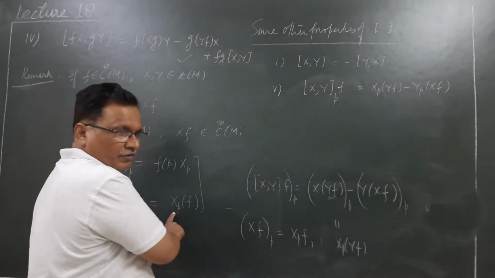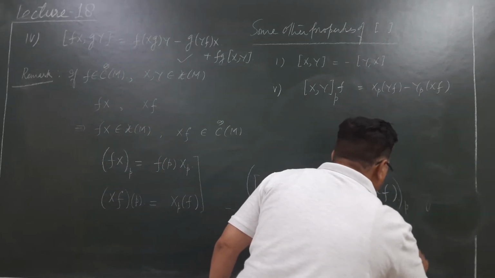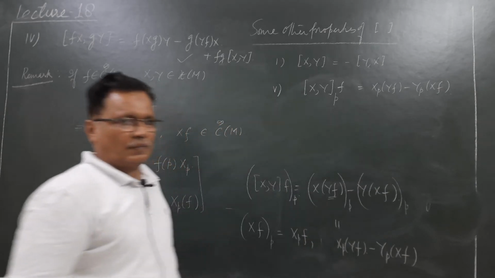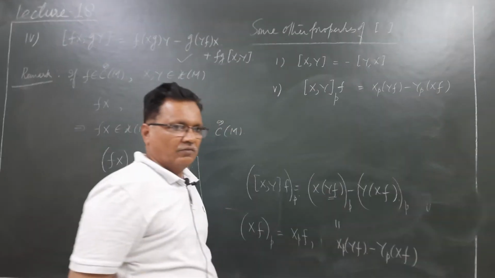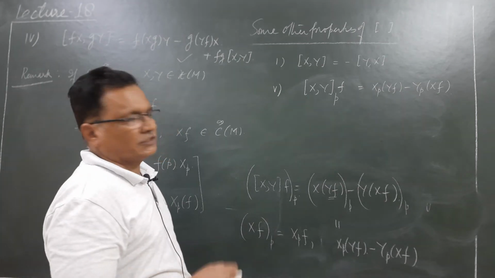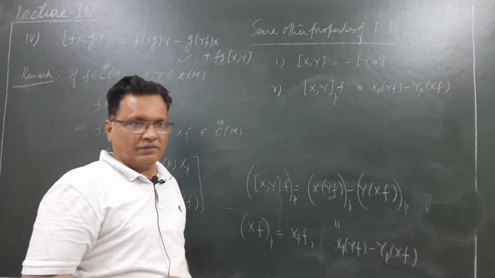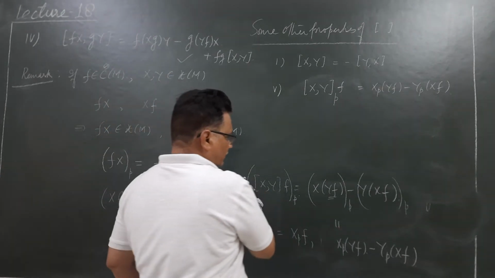Again from the same formula, the second term will be yp operating on xf. Alright? So this is the rule. Whenever you are evaluating a Lie bracket at a point P, it must be xpyf minus ypxf. अगर p दोनों जगह लगाया तो वो फिर गलत हो जाएगा.